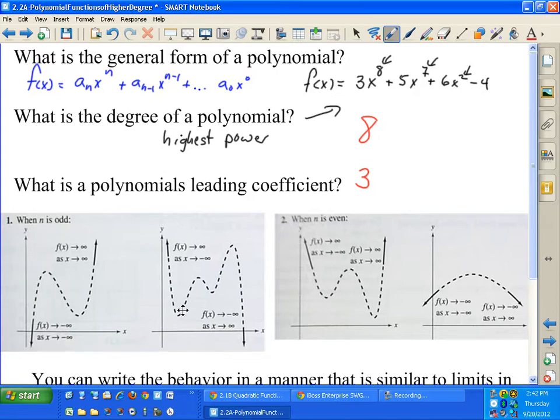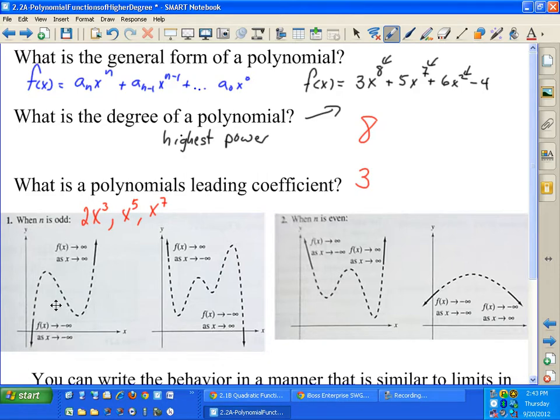Well, if our power is n, so if we're talking about x cubed, x to the 5th, x to the 7th, and so on, odd powers, whether they're added or not, you're going to get something that looks like this. This first one here is x cubed. If the leading coefficient is positive, meaning greater than 0, say 2, you're going to get something that looks like this.